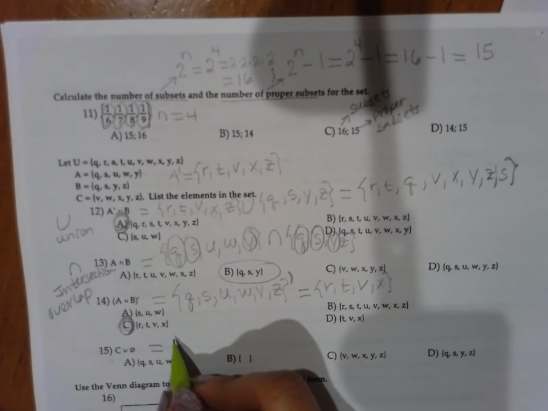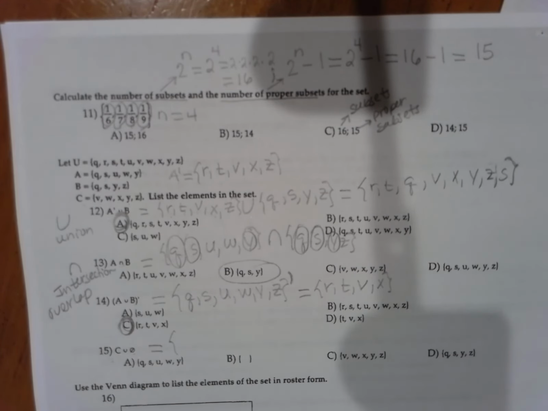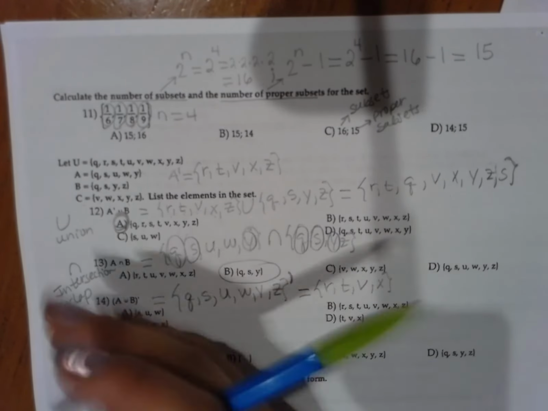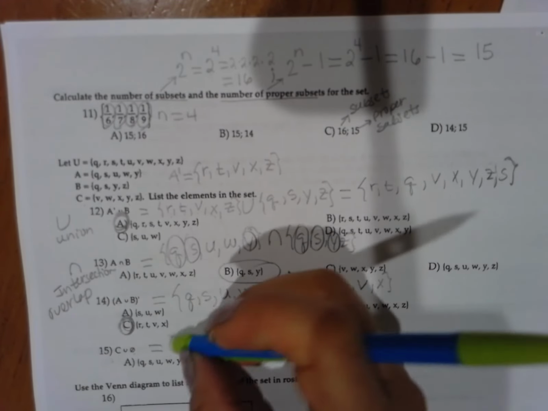On 15, if it's not clear why we're going to do what we're doing, the empty set is a subset of any set, is an element of any set. So set C, it will be whatever is in C, and it will also include the empty set.